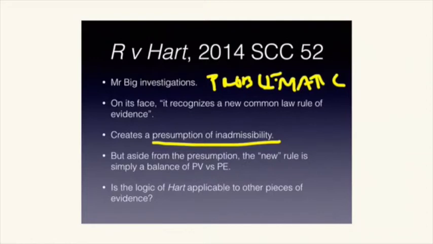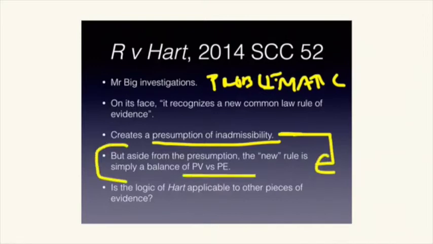But if you look closely at Hart, what you can see is that the new rule, aside from the presumption, which is definitely different, is nothing more than a balance of probative value versus prejudicial effect. So the question that I want to explore is whether the logic of Hart, which ultimately questions whether something is probative, can be applied to other pieces of evidence.